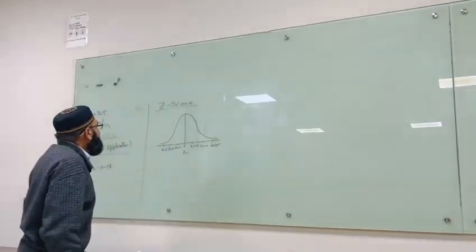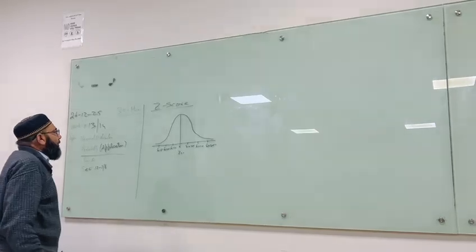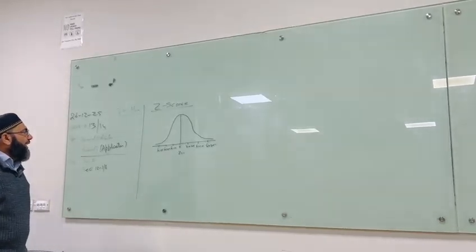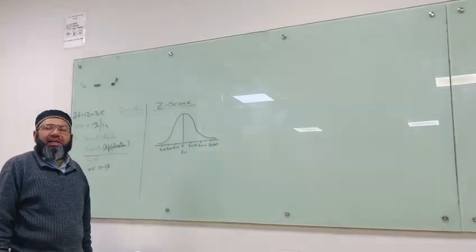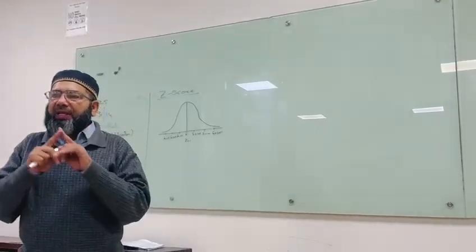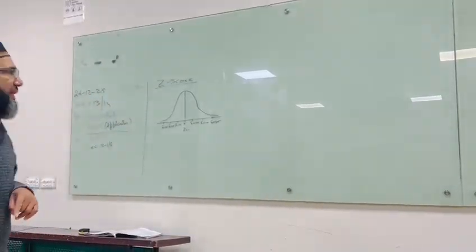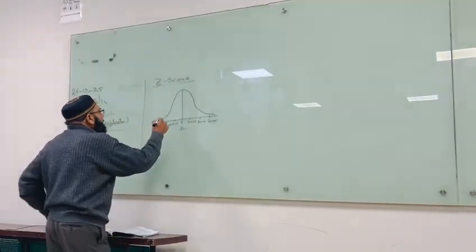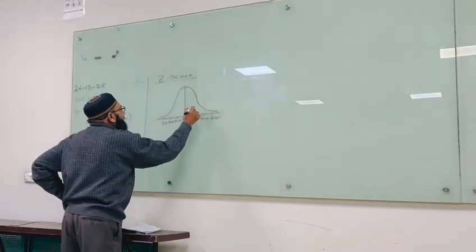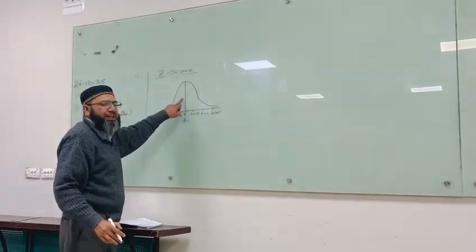Today our topic is Z-score. How can you calculate Z-score? It is particularly the area under the curve, and it is the area where the probability is. This is the normal distribution, equally distributed from the mean line.